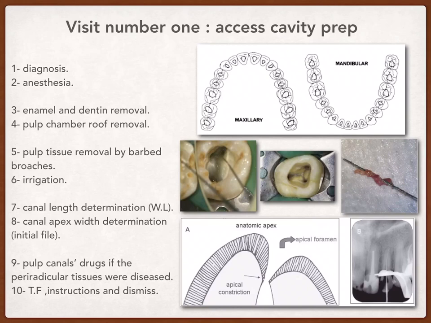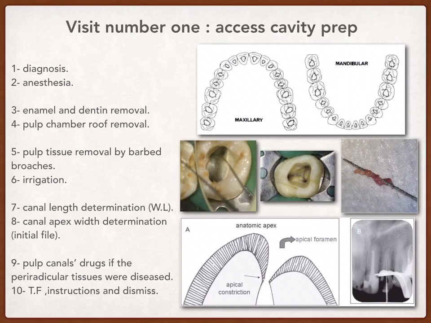After that, we should remove the pulp tissue by using the barbed broaches, and after that we should do irrigation. Then we should determine the length of the canal, and that is by inserting a file to 20 millimeters according to a specific reference point.